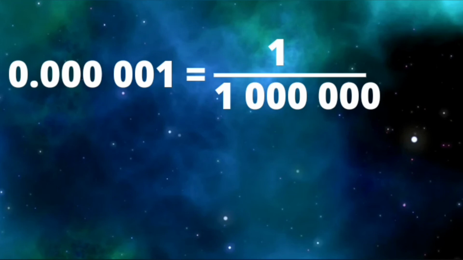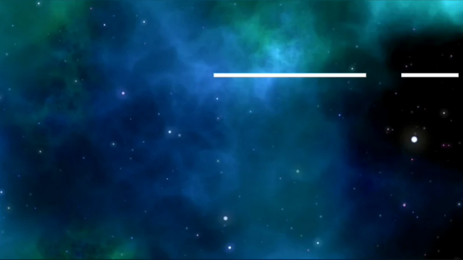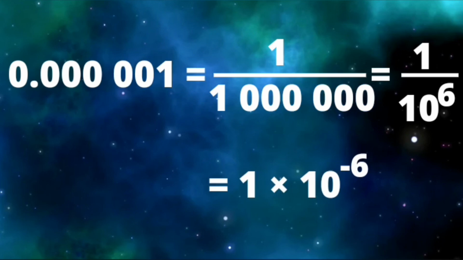It is 1 million because we have 6 zeros in 0.000001 and 1 million. And 1 million can be written in short as 10 raised to power 6. So this will be equal to 1 all over 10 raised to power 6. We can express this in standard form by taking the numerator, which is 1, and multiplying it by 10 raised to power minus 6. Take a look at this example.